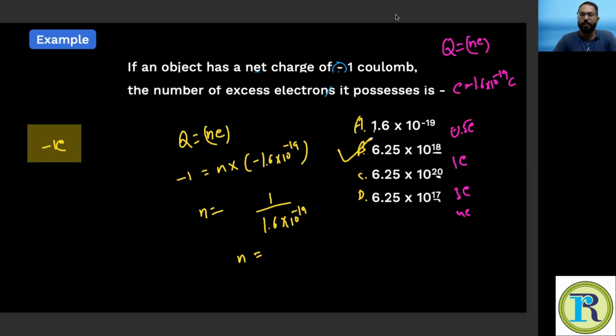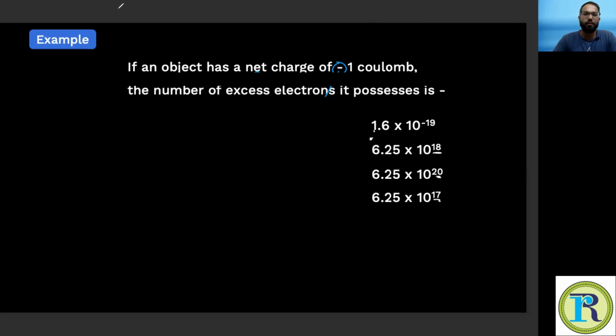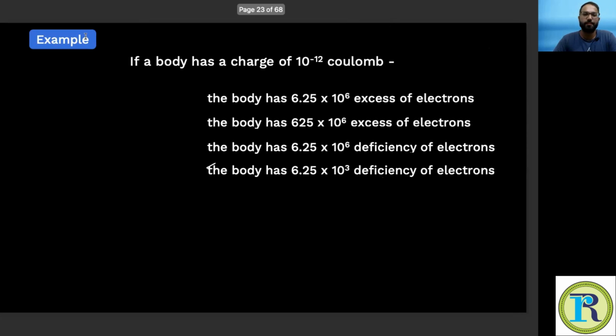Now, this time you have to solve this question. The next question is, if your body has a charge of 10 raised to power minus 12 coulomb, option A, B, C, and D. Option A, the body has 6.25 into 10 raised to power 6 excess of electrons. Option B, the body has 6.25 into 10 raised to power 6 excess of electrons. Option C, the body has 6.25 into 10 raised to power 6 deficiency of electrons.